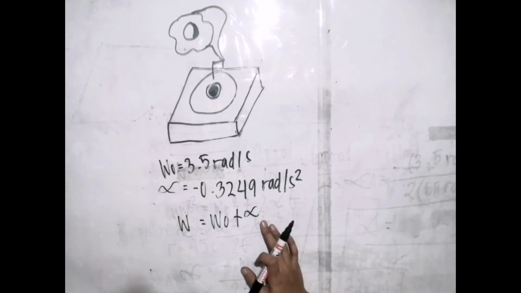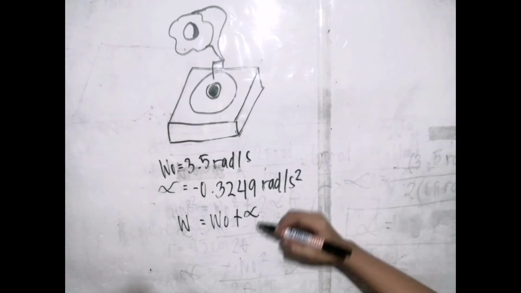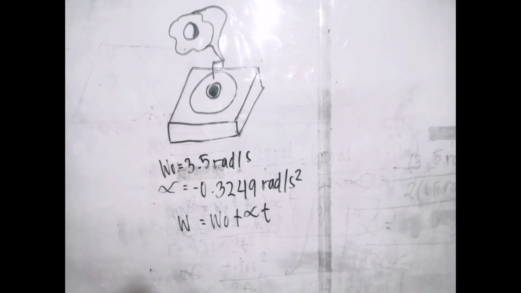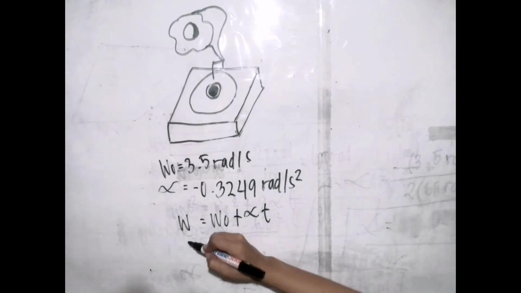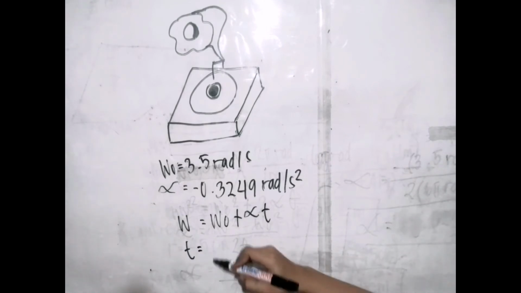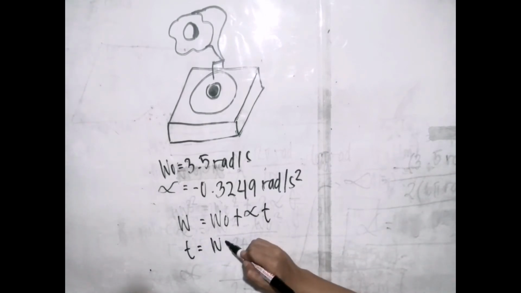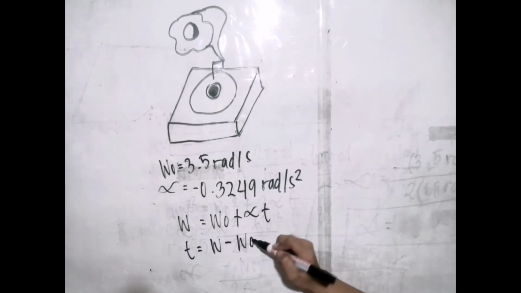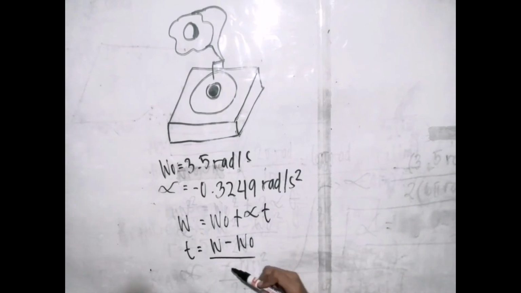multiplied by the time. And ang hinahanap nga sa atin is yung time na nag-stop na yung ating disk. So, time is equal to final angular velocity minus initial angular velocity over doon sa ating angular acceleration.